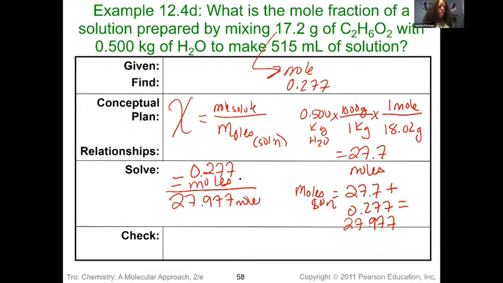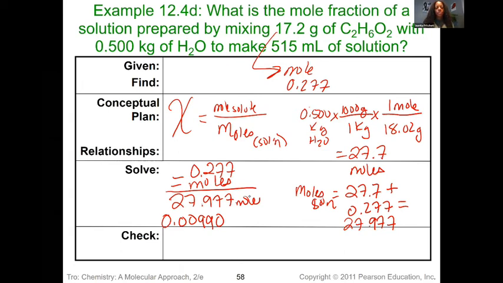And so we would then take 0.277 divided by 27.977, and that gets us 0.00990, not times 10 to anything. That's it. And it's unitless. Remember, mole fraction is unitless. Okay.